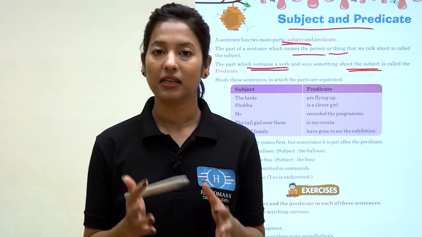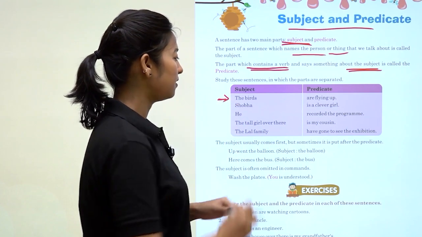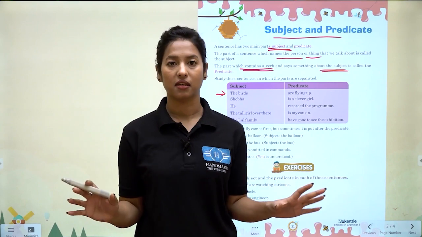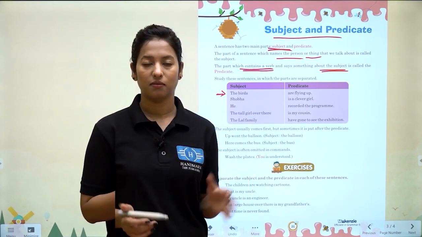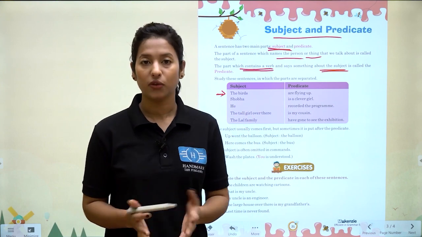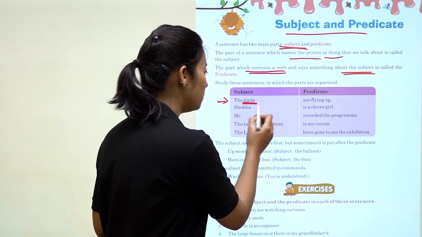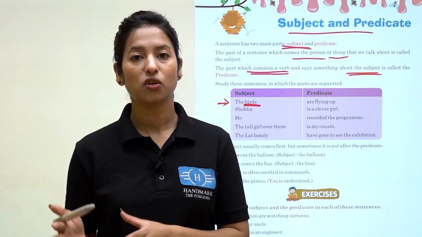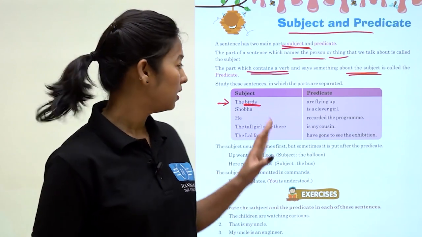Let's try to understand this with some examples. The first sentence is: the birds are flying up. This is the complete sentence, but the birds are the main part of the sentence because they are the subject. The whole sentence is about these birds. Now the predicate is that part of a sentence which tells something about the subject.